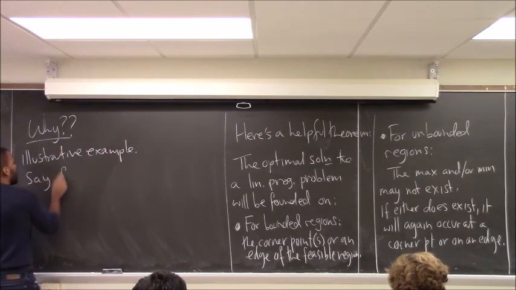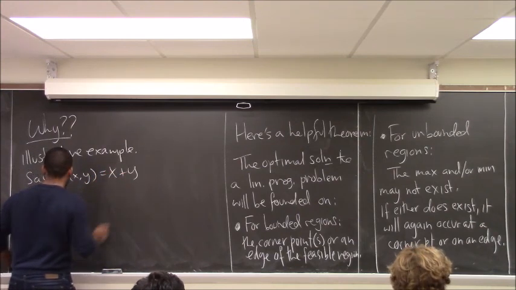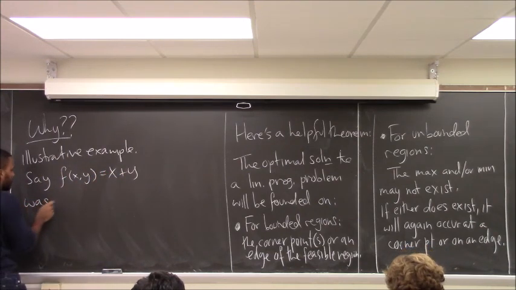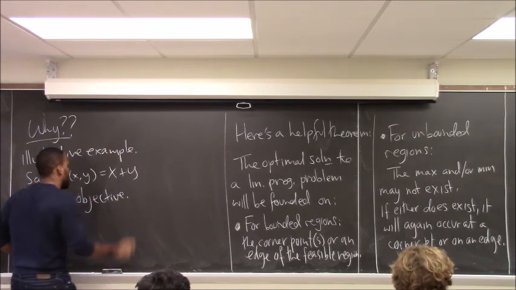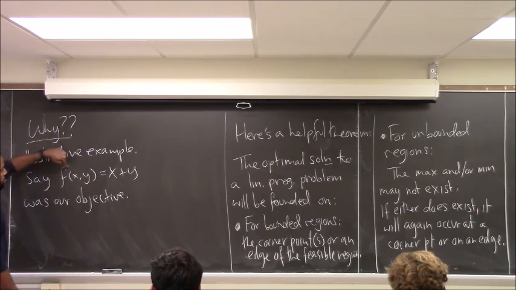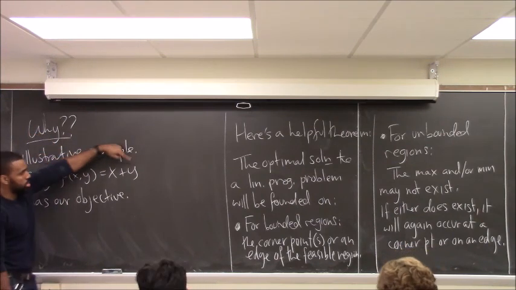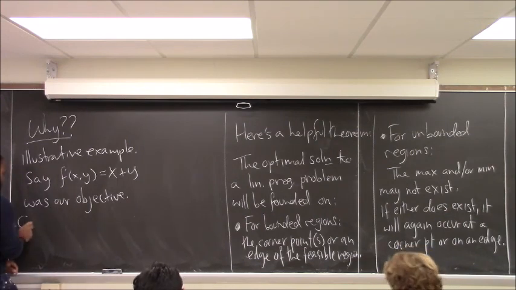Say f of x, y equals x plus y was our objective. So here's some linear function. f is going to be the output when I plug in some x and y value. So now consider different outputs.